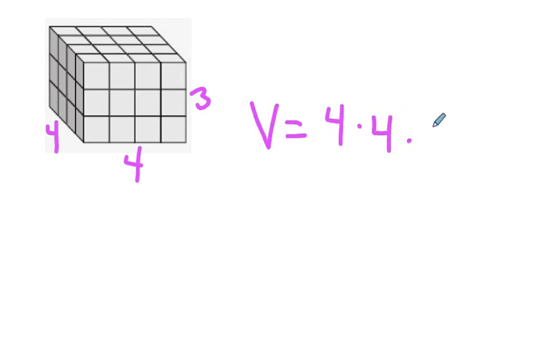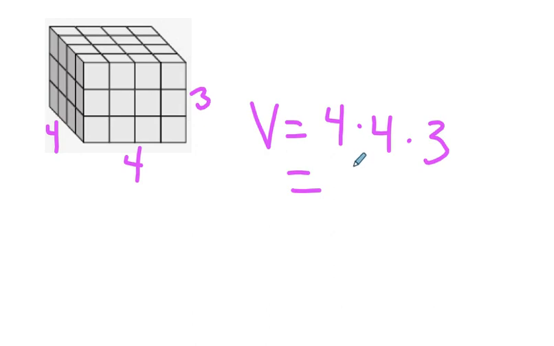All right. So let's take a look at this one. So this one, the width here is 1, 2, 3, 4. The length is 1, 2, 3, 4. And the height is 1, 2, 3. So the volume here is 4 times 4 times 3.